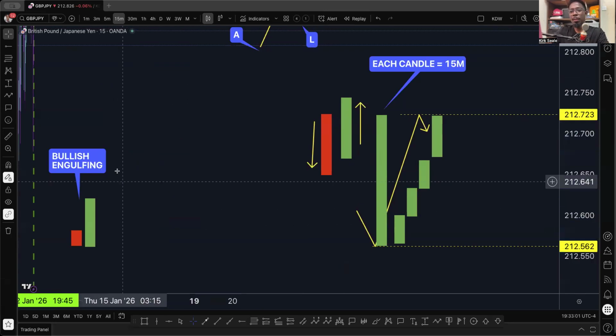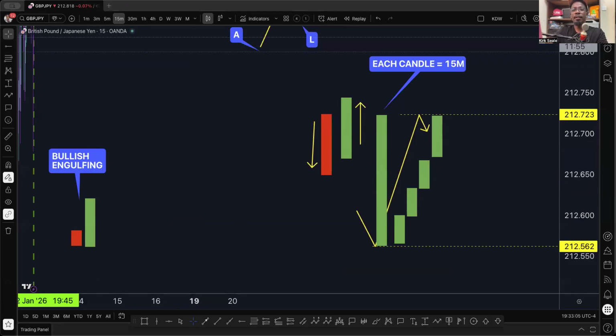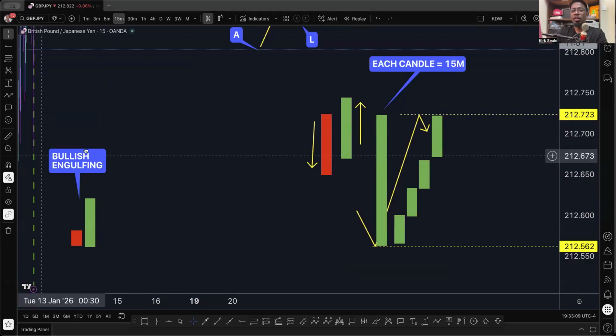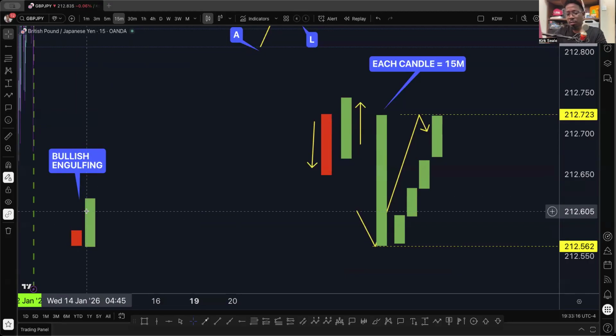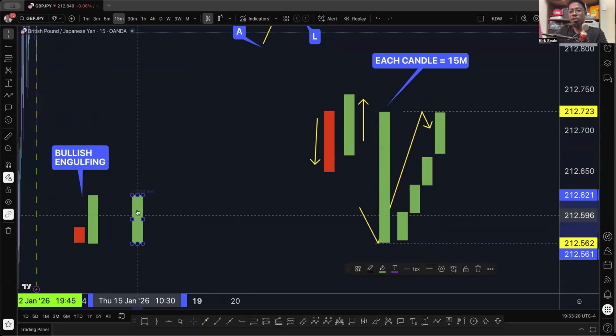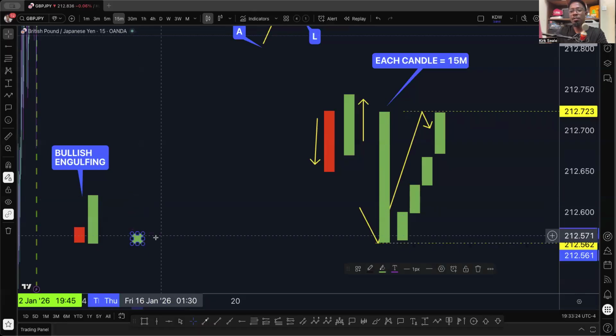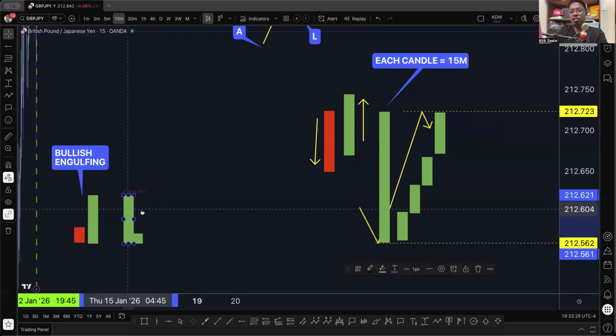So I'm going to move these, and we're going to go here. We have this bullish engulfing, which looks like this. The other way that this might show up, because it's not always going to be the same pretty thing that I showed, that's more of the perfect scenario, is like this.